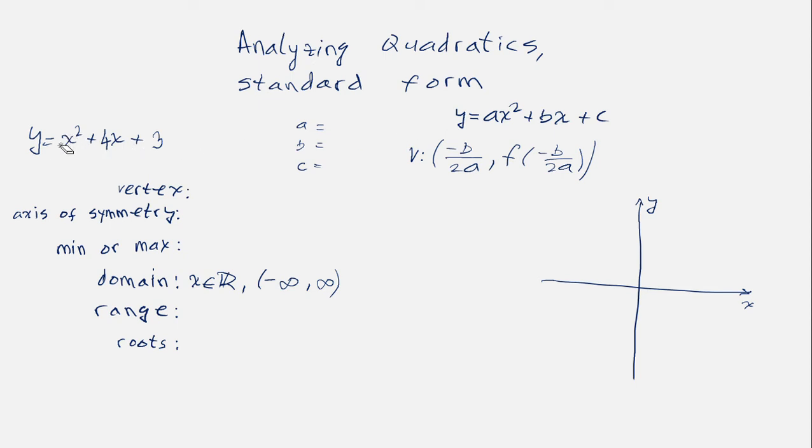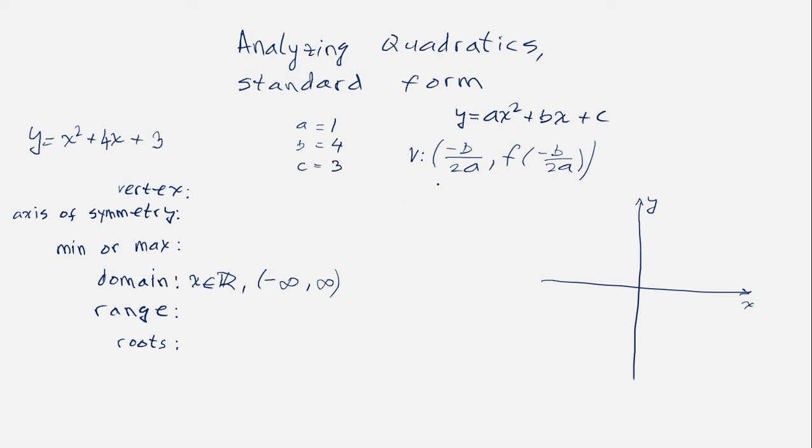So x squared doesn't look to have anything there, which means the coefficient is 1. Then b is in front of the linear term. So here we have positive 4 in front of x, so that's just 4. And then c is the number by itself, the constant, so it's 3 in our case.